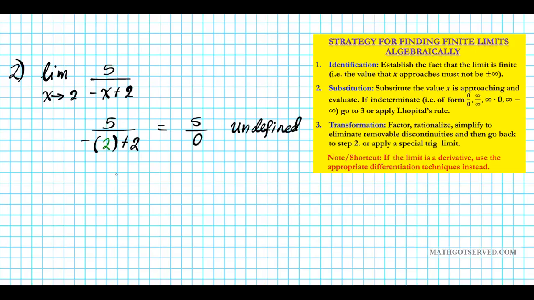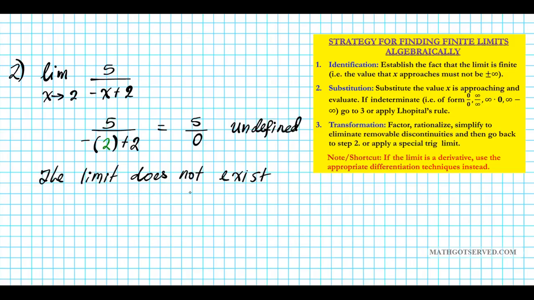So what does this tell us? It tells us that the limit does not exist. Now, this is different from an indeterminate form. Remember, an indeterminate form involving 0 is either 0 over 0 or infinity times 0. We have a number over 0 here, so that is undefined.